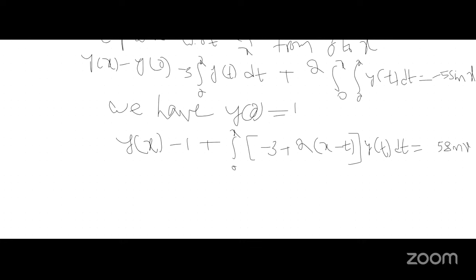Okay, now, therefore, y of x plus, sorry, this is the plus, integral 0 to x of minus 3 plus 2 into x minus t of y of t dt equal to 5 sin x.